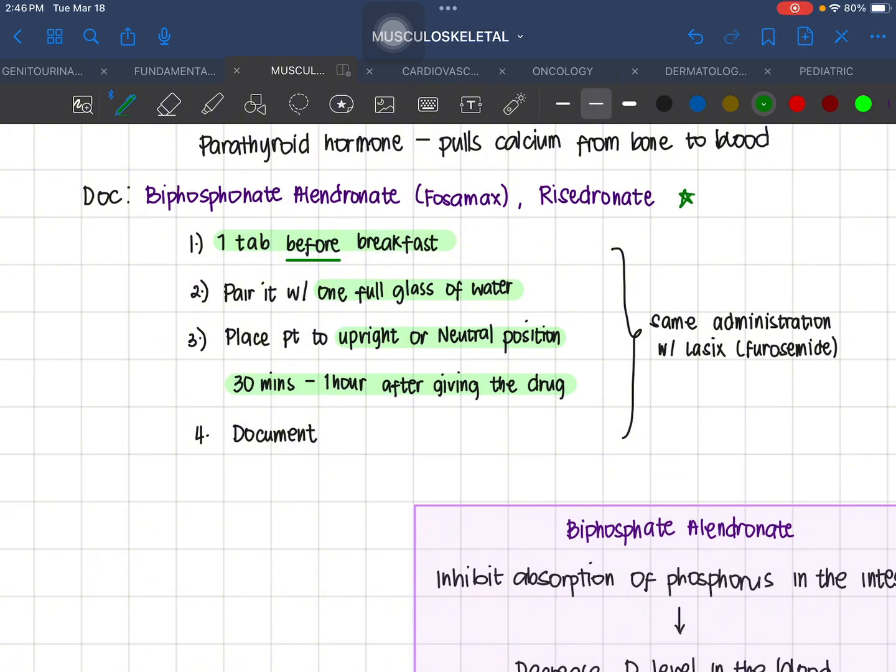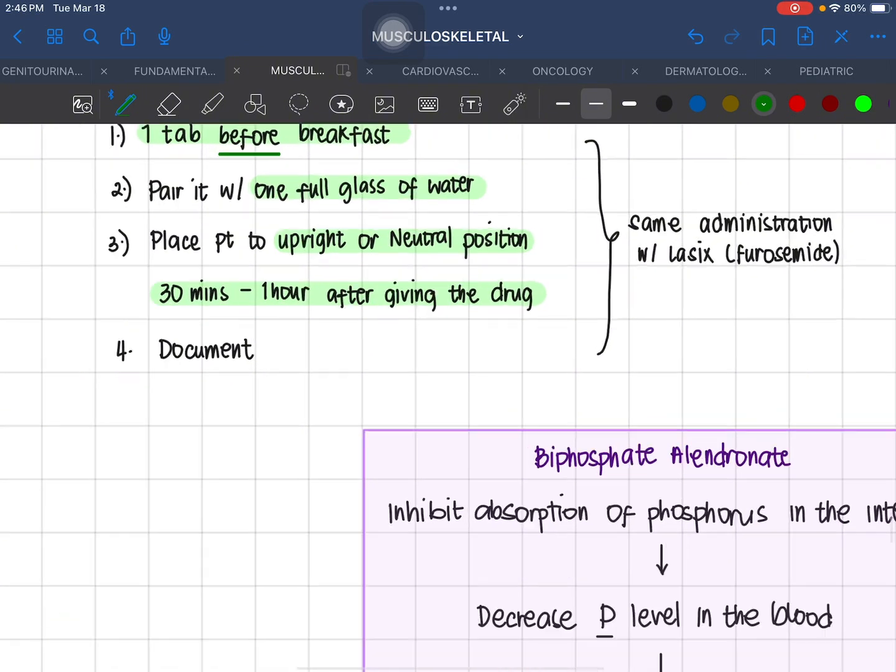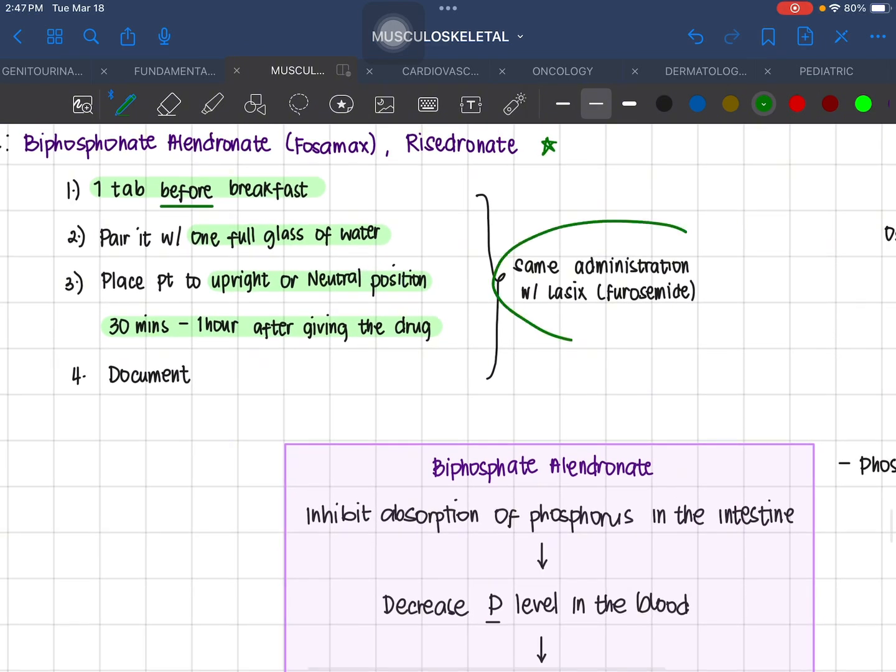And also document. Same administration lang din siya with Lasix or furosemide. Bali, wala naman connect si Lasix, pero if you want to know kung paano i-administer si Lasix, ganyan siya.